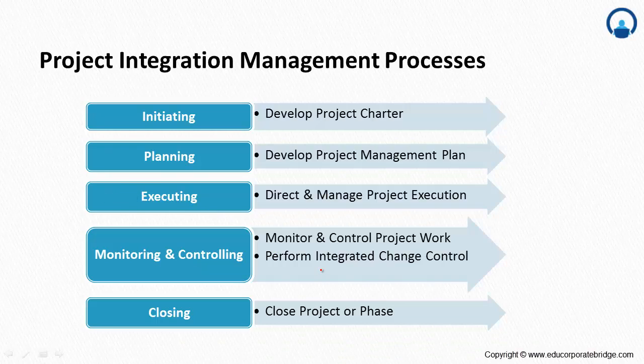There are 2 processes from project integration management which become part of your monitoring and controlling process group, and those are monitor and control the project work and perform integrated change control. And the last process in the project integration management knowledge area is close project or phase, and that becomes part of the closing process group. So net to net there are 6 processes in project integration management.